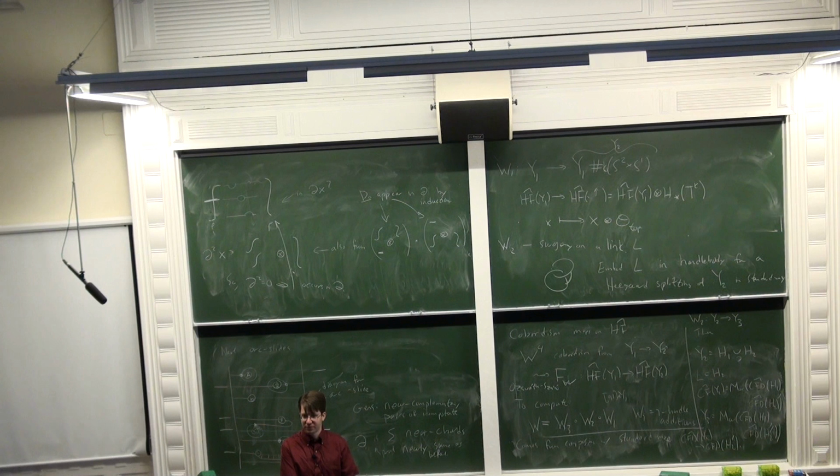Any questions or comments? Yes. What about the minus and plus theories? I deserve that, because I started talking about four-manifolds. I've been talking about one very simple homology, which is HF hat. If you want interesting four-dimensional information, you need to deal with the fancier versions, which are HF plus and HF minus.